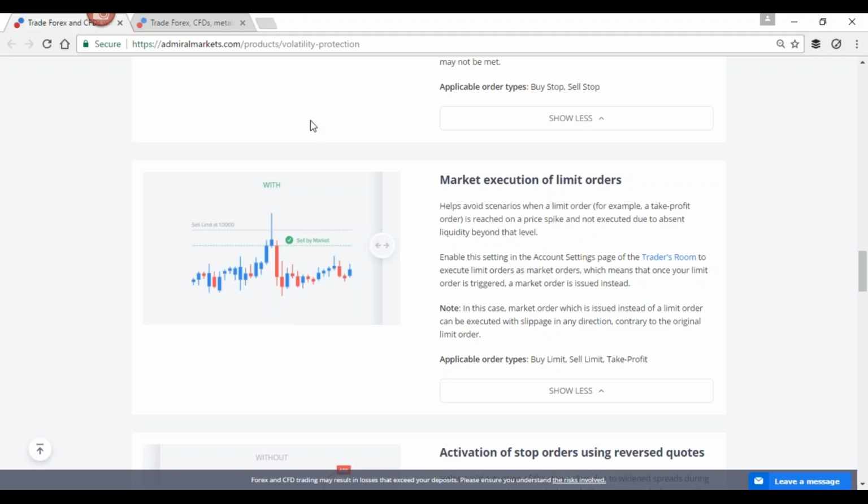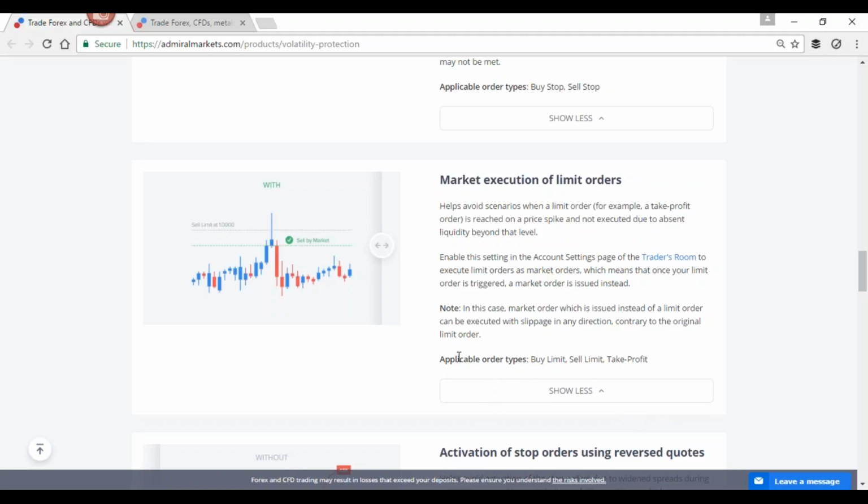So without it, you wouldn't be in the market, because there was no liquidity. But with it, you would be in the market, but at a worse price. How much depends on when the liquidity comes back. So that is something for you to factor in, but you would be in the market though.